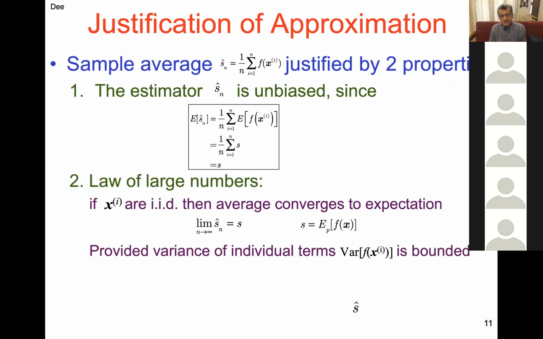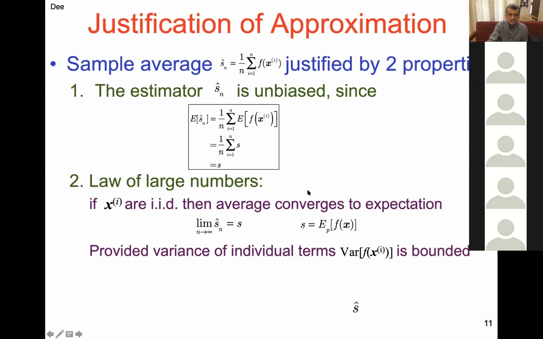The estimator Sn hat is unbiased, since the expected value of Sn hat is equal to S. So we can show that this is an unbiased estimator. As the number of samples becomes large, this becomes equal to the expected value.